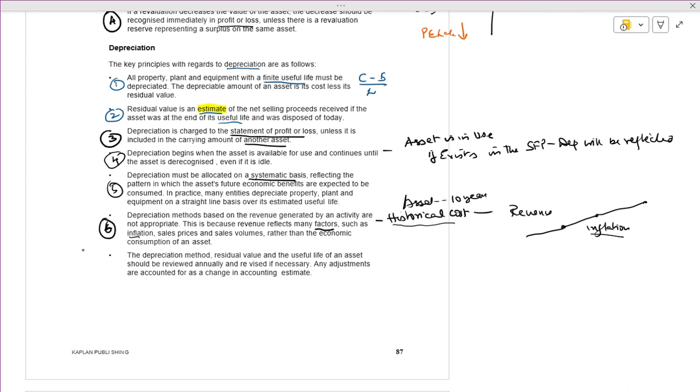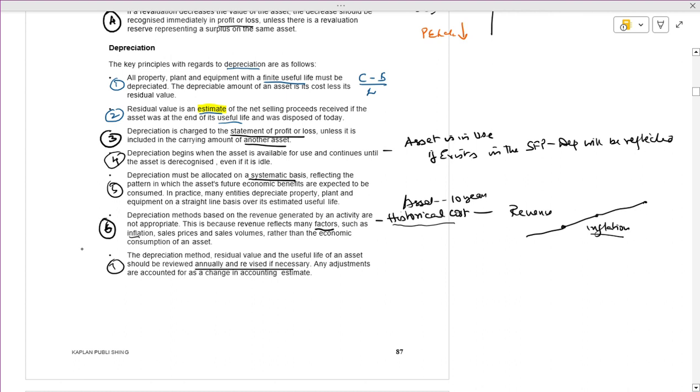The depreciation method, residual value and useful life of the asset should be reviewed annually and revised if necessary. Any adjustment, if we are talking in terms of the depreciation method, means we have to revise it.